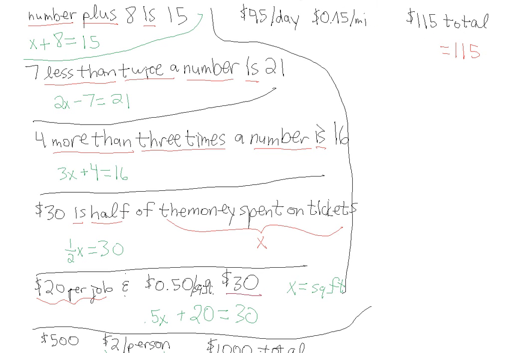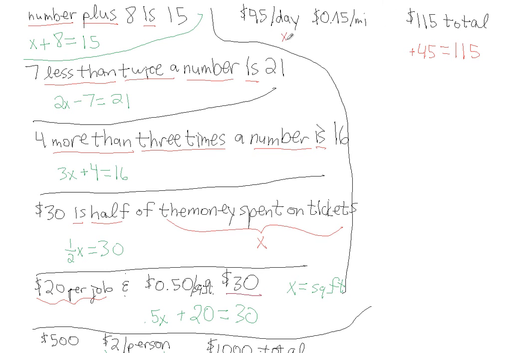Now, let's say we're just renting it for a day. $45 is the flat rate. So whatever the cost of the $115 is comprised of, one part of it is $45. The other part is 15 cents per mile.